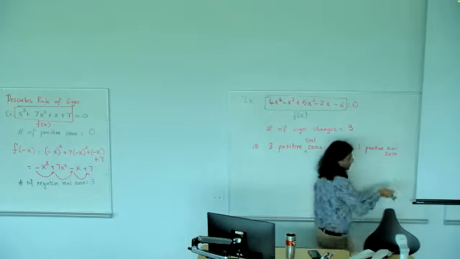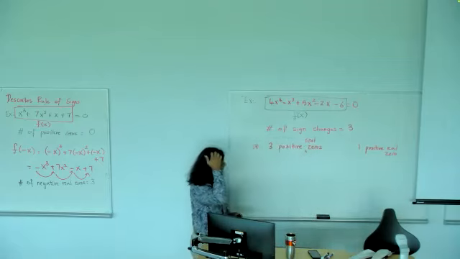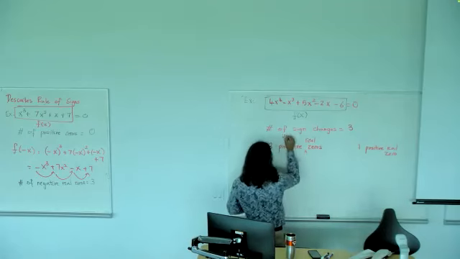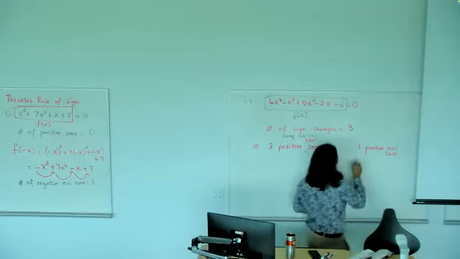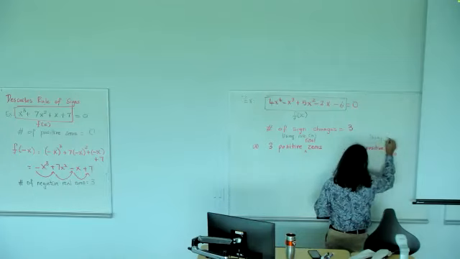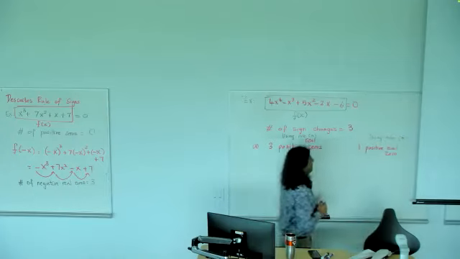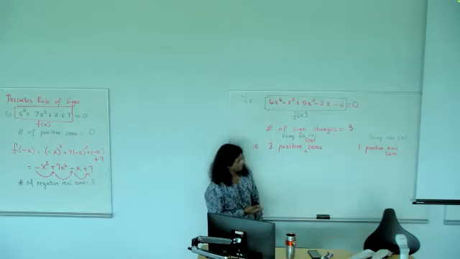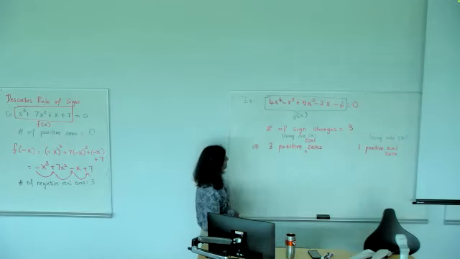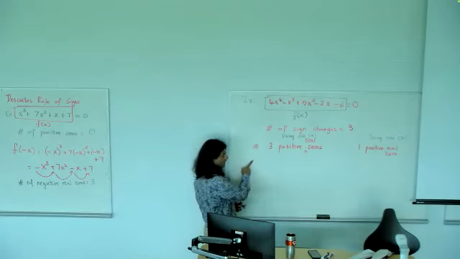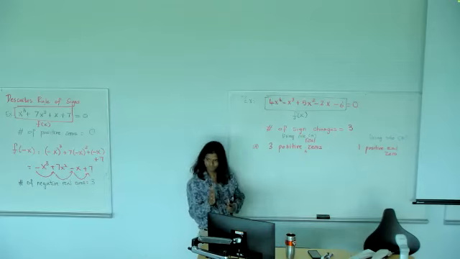If you use pointer B, well, if you pick 1 positive real zero, that would mean the remaining has to be all 3 of them negative, yes? 3 positive real zeros would mean 1 negative real zero.